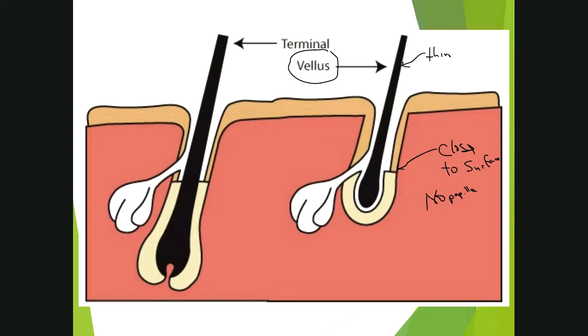If you look at terminal hair, it's much thicker and coarser, and it's deeper. So it's anchored more strongly, and it does have a papilla. Remember, that area is where the blood vessels are, and that's where it grows from. And so this grows faster and longer.